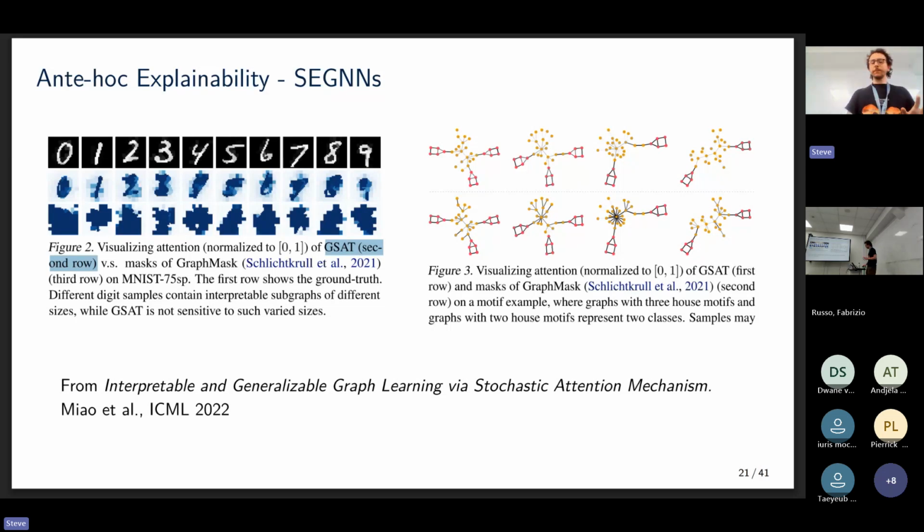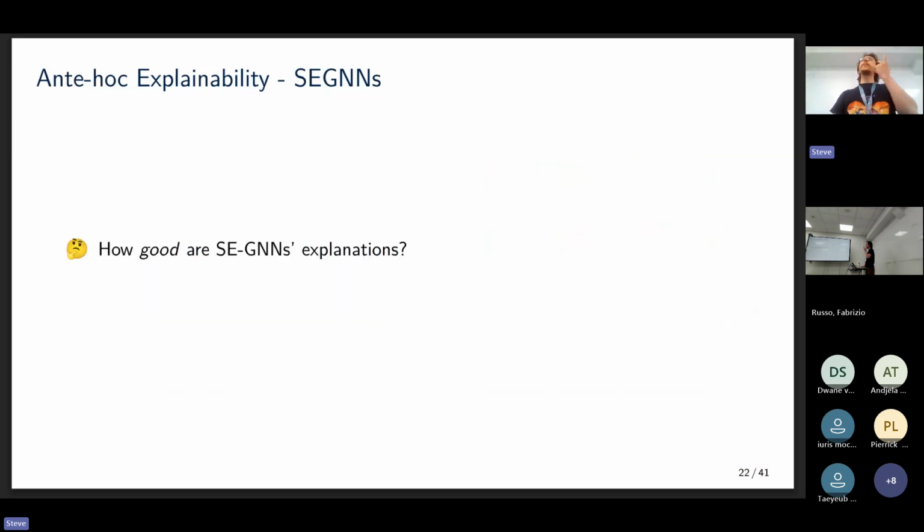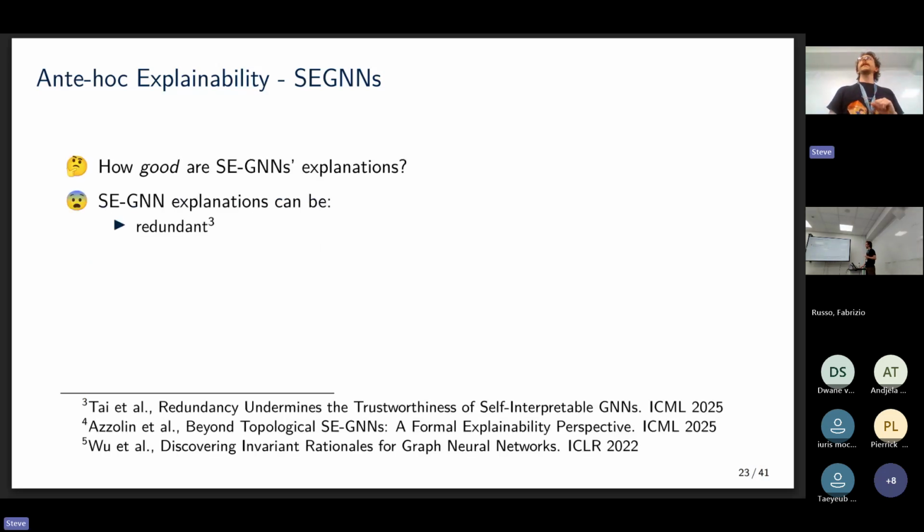So everything seems to work fine, but a question that is often overlooked in self-explainable graph neural networks is how good the explanations actually are. Do they just look good, or are they encoding something regarding the actual model? It has been shown that explanations can often be redundant.